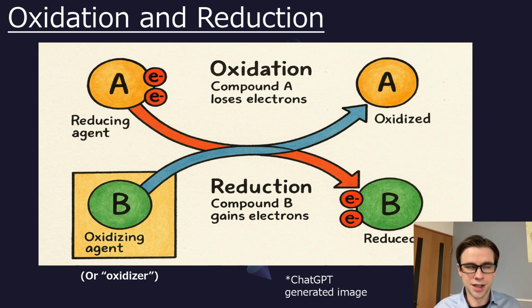It sounds a bit weird to say that it gained something, but that's reduction, but it's because it gained electrons which are negatively charged, so its charge has reduced or become more negative. That's the way you have to think about it. It's going down on some kind of number scale, reducing to a more negative charge. Okay, so that's the base language you have to use, oxidation and reduction.